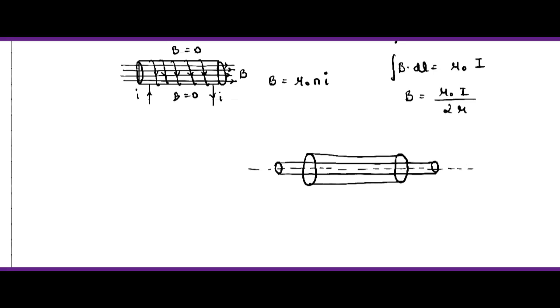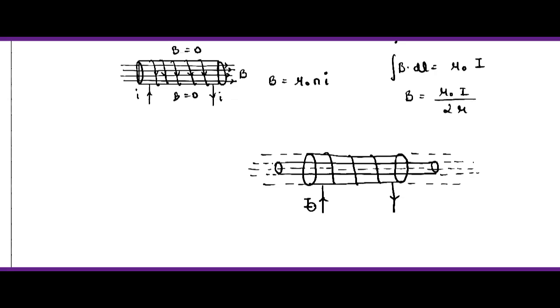They both are infinitely long, the solenoid as well as the hollow cylinder. Let me wind the wire, so like this the wire is being wound on the solenoid. I'm taking just a few turns just to show the magnetic field.